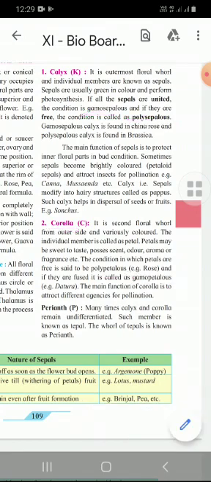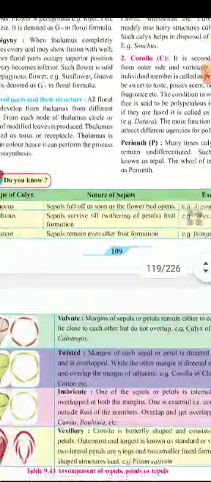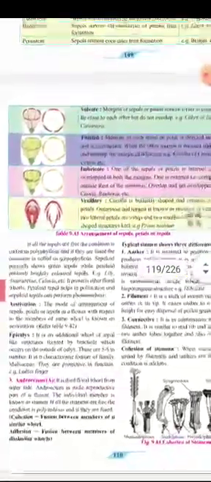Then perianth is a word used when the calyx and corolla cannot be differentiated, everything is fused. We have a picture, I'll just arrange a picture for you.